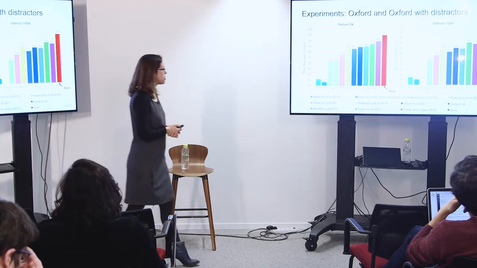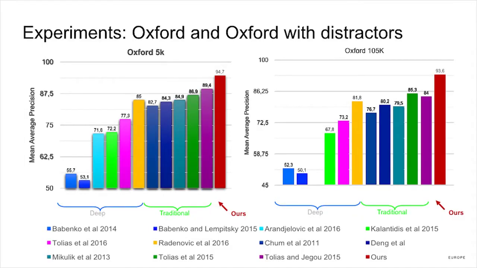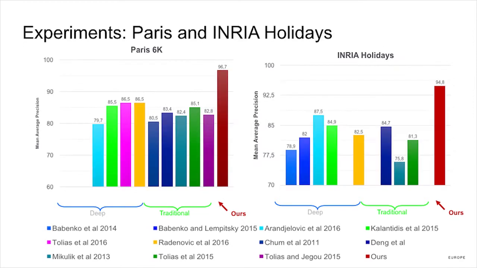I think it's worth mentioning that the yellow results are a method that was presented at the same time as ours, and it also uses a similar technique of having a learning to rank approach. Those are results for 2 more datasets, the Paris dataset and the INRIA Holidays.